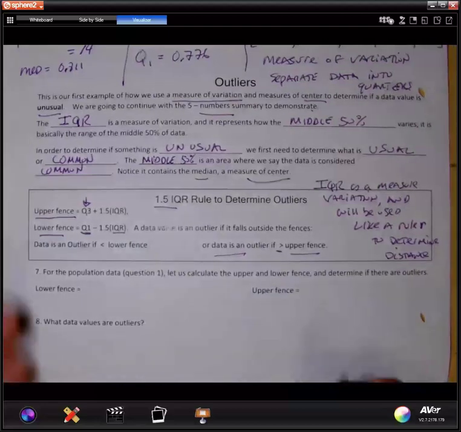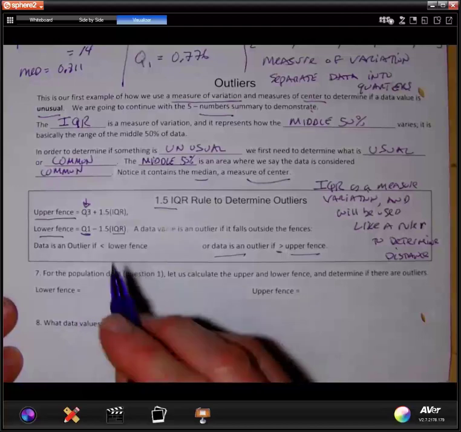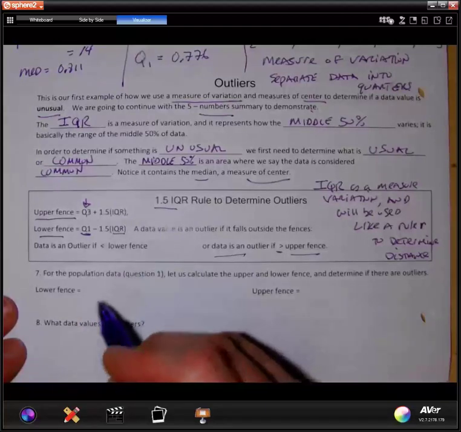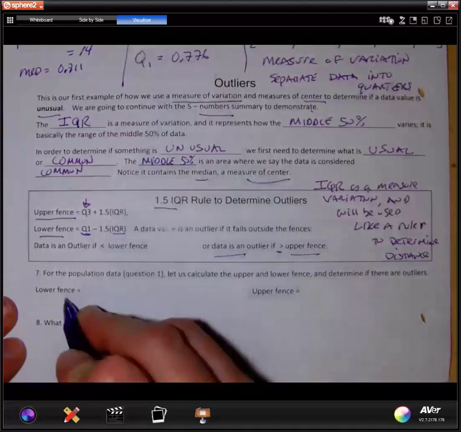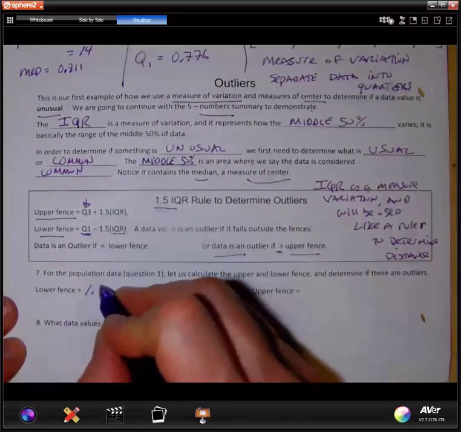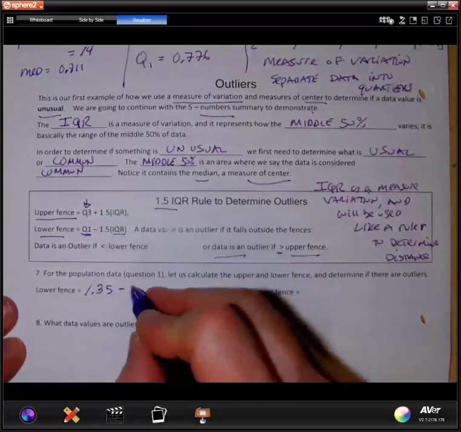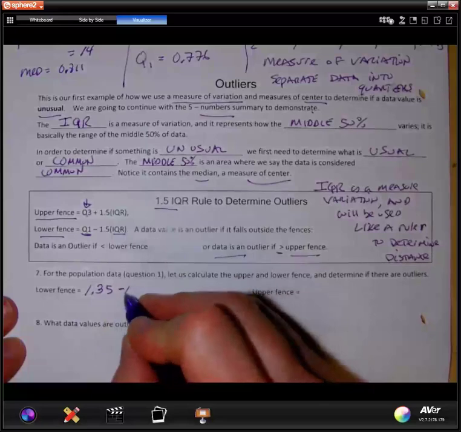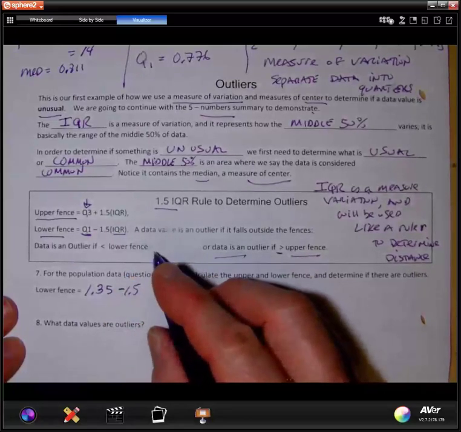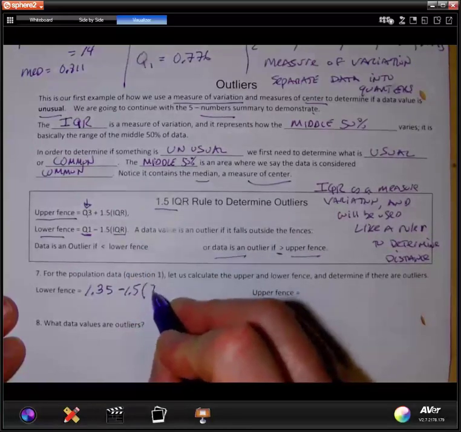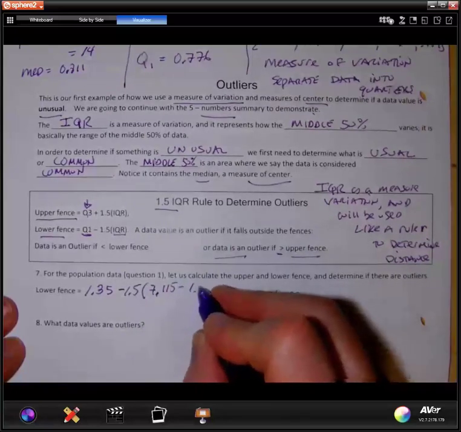Okay. So let's look at the lower fence for the population data. Right now it's a little bit off screen, but it should be on your piece of paper at the very top. So for my lower fence, I'm going to find Q1, which turned out to be 1.35. Then I'm going to subtract 1.5 times the middle 50%. The IQR was 5.675 million, but I'm going to write these values here instead of the IQR, which is calculated.